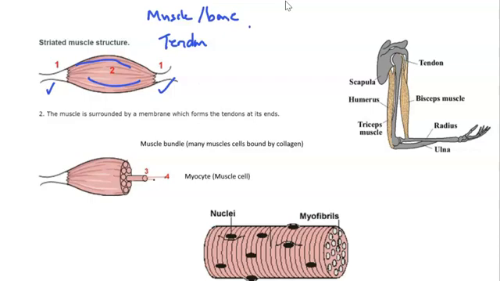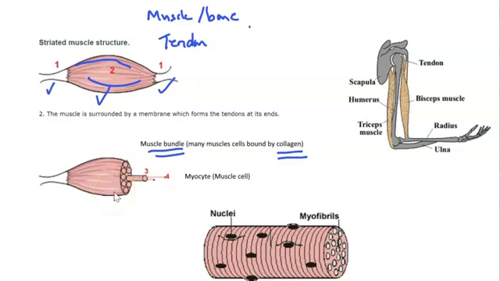And then it turns out that if we look at the internal organization of this large muscle structure, it's made up, as we go in with finer and finer detail, certainly visible to the eye, of what we would call muscle bundles. Groups of muscle cells organized together, bound by collagen.